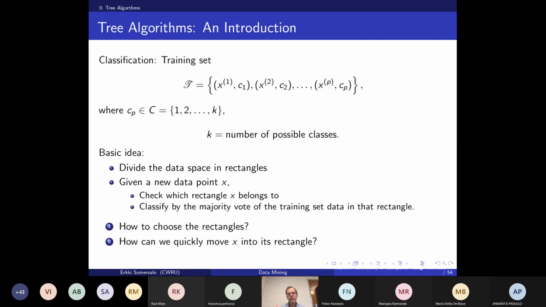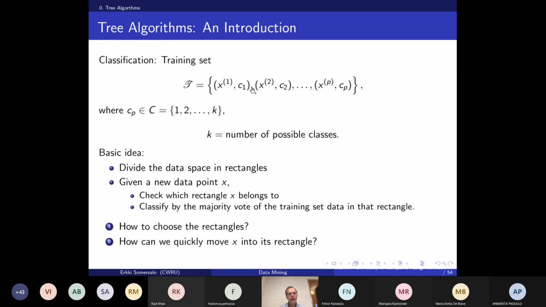So you have a sequence of questions, and when you ask those questions, you end up saying, yes, I believe that this person has pneumonia, so the classification is 1. Or you say, well, it seems that this is not pneumonia, so it is class 2. So we have k possible classes here.